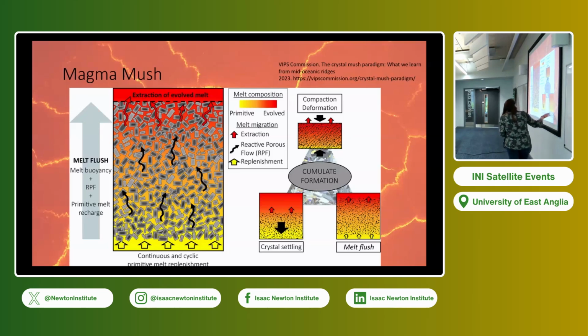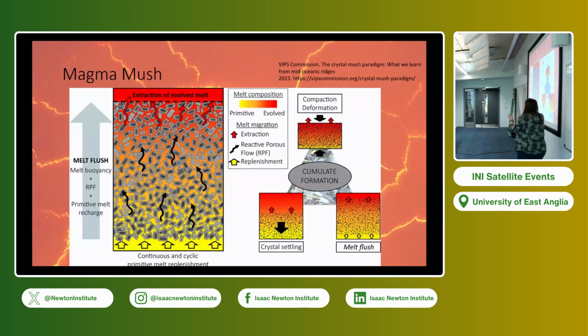But then sometimes we also get another injection of a hotter, more primitive melt, and that swells things up a bit. And then sometimes, if it doesn't have another injection of melt from deep for a long time, the crust will deform, and that magma reservoir might cool, solidify slightly, and be deformed.